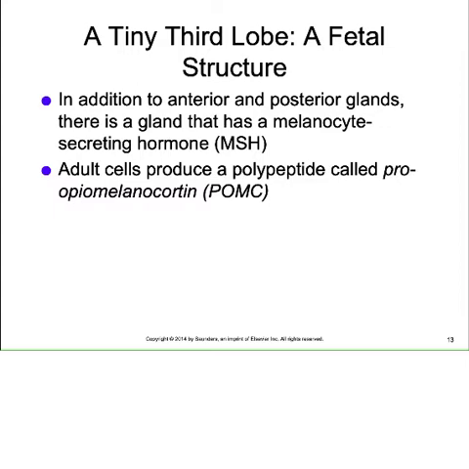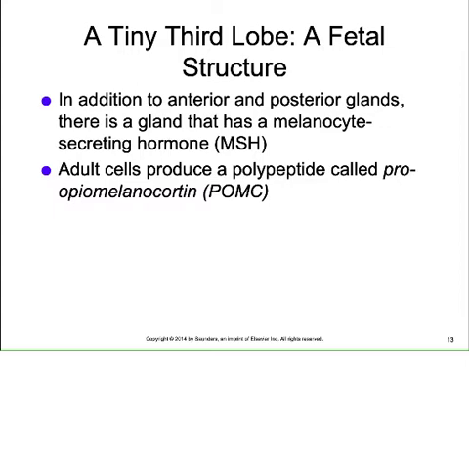There is a tiny fetal structure, which is a gland that has melanocyte stimulating hormone as one of its products. It's often classed with the anterior pituitary, and that causes production of extra pigment. Okay, we don't really know in humans what its importance is.